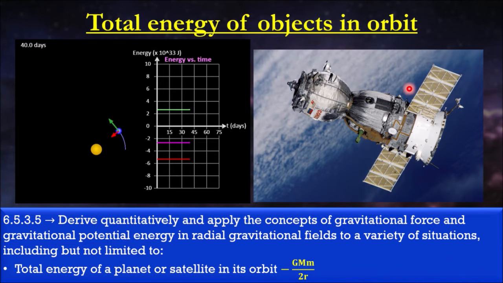Okay, and now that we've gone through the questions for gravitational potential, we can also look at the questions for total energy of objects in a particular orbit.